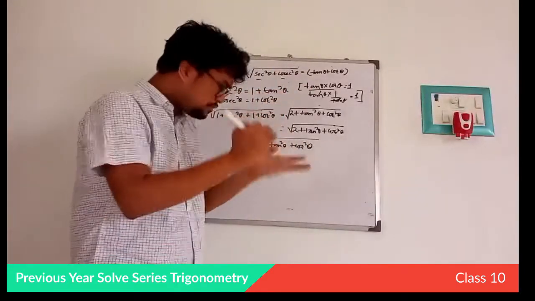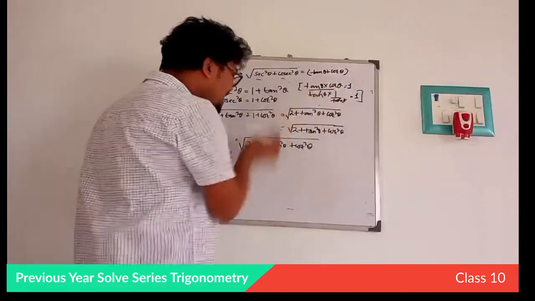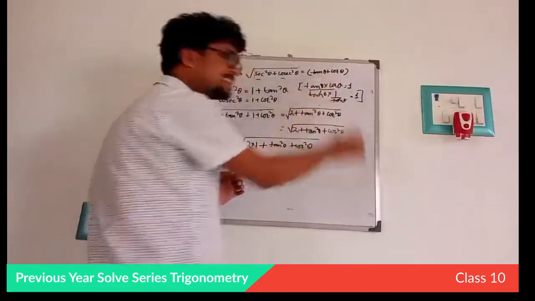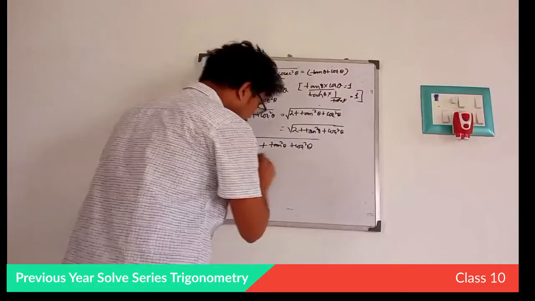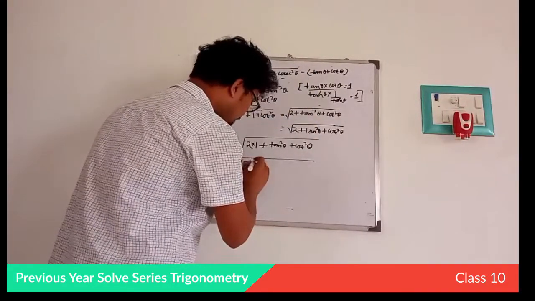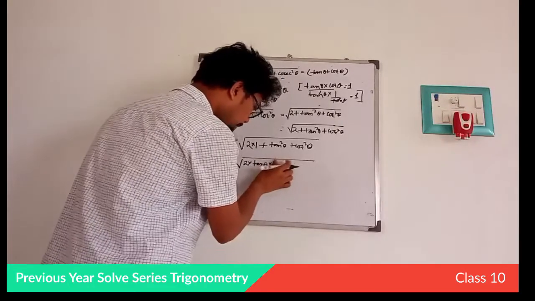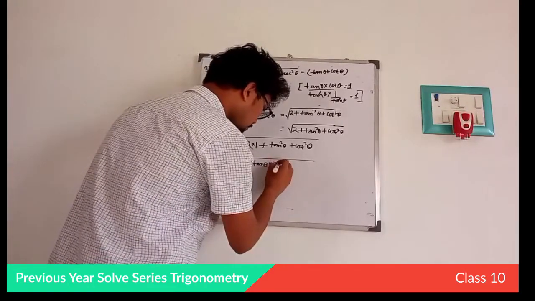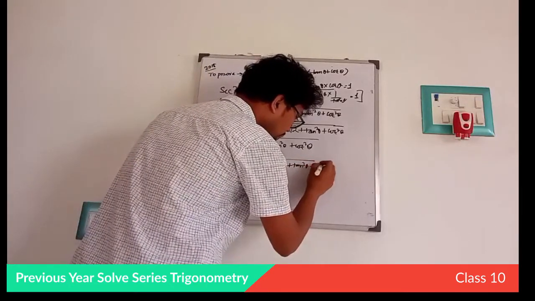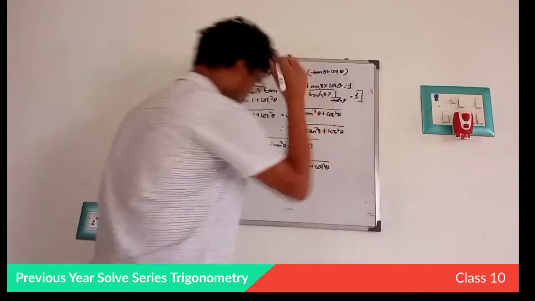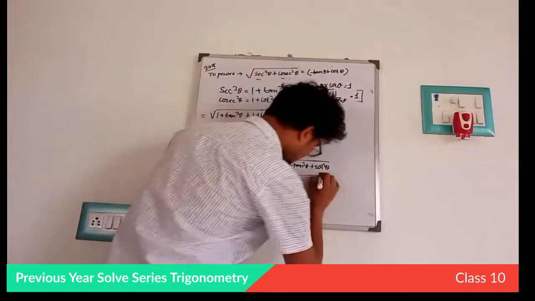After few seconds, you will understand why I am doing this. Why I am replacing 1 by tan theta into cot theta. Okay, fine. In the place of 1, I write here tan theta into cot theta, plus tan square theta plus cot square theta.